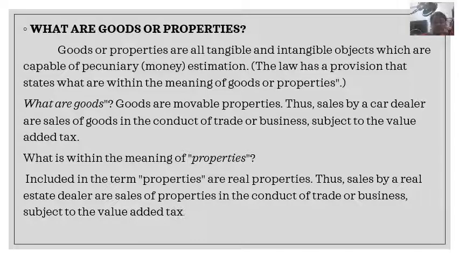Thus, sales by real estate dealer are sales of properties in the conduct of trade or business is also subject to value added tax. So, pag goods, natin, it is a movable property that can be transferred from one place to another. If not, property siya, ibig sabihin, these are yung naka-attach the ground and permanent. Sila yung real property.